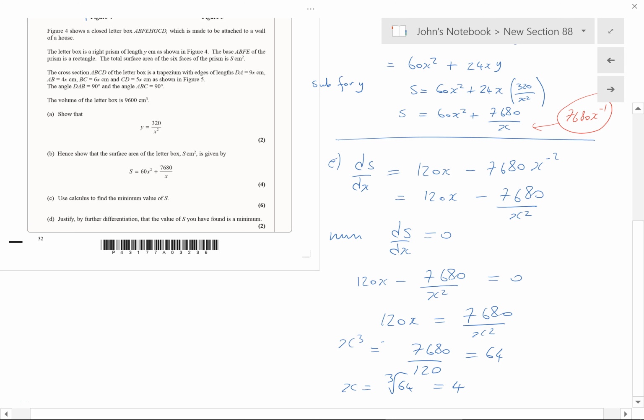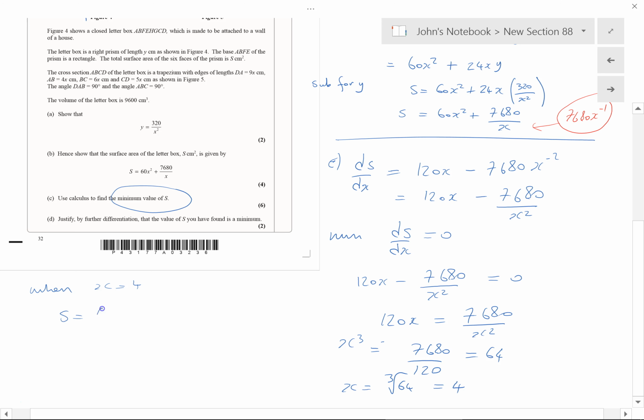Okay, so now I'm so tempted to think we're done here, isn't it? But of course, it doesn't ask for the value of x. It wants the minimum value of s. So we need to go back and put that value of 4 into s.